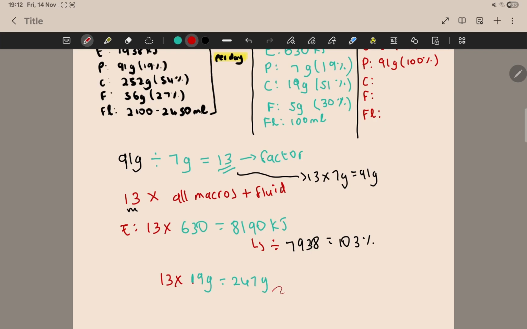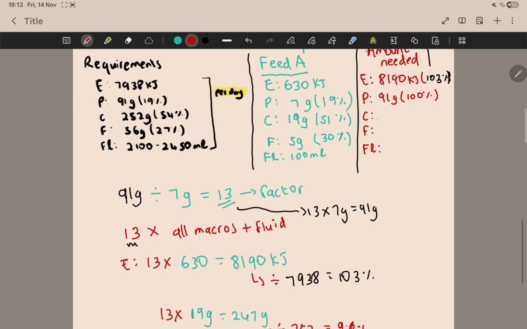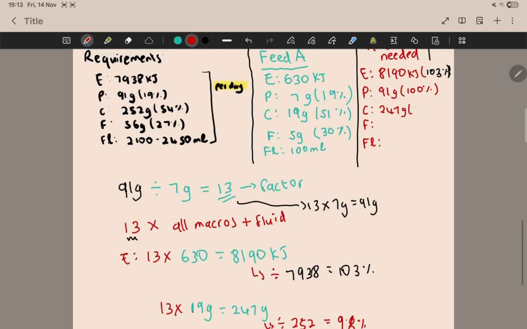And then again, you simply divide by 252 to get your percentage of total requirements. So 247 divided by 252 gives us 98%. So we just fill that in, 247 grams, 98%.